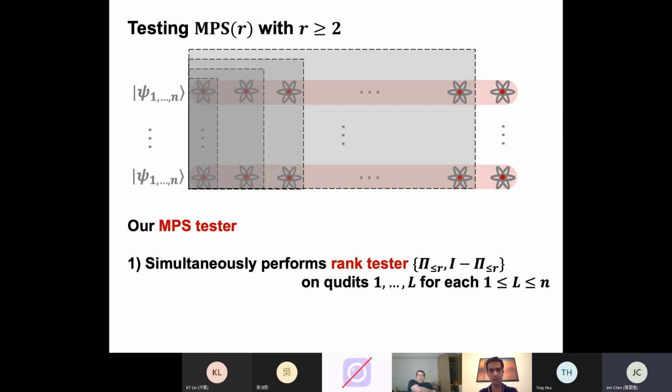In the first case, if we put all of our weight on one cut, one of these rank testers will easily detect, right? In the other case, when we are kind of uniformly distributing the weight across all cuts, these rank testers will have a harder time unless we give them a sufficient number of copies.